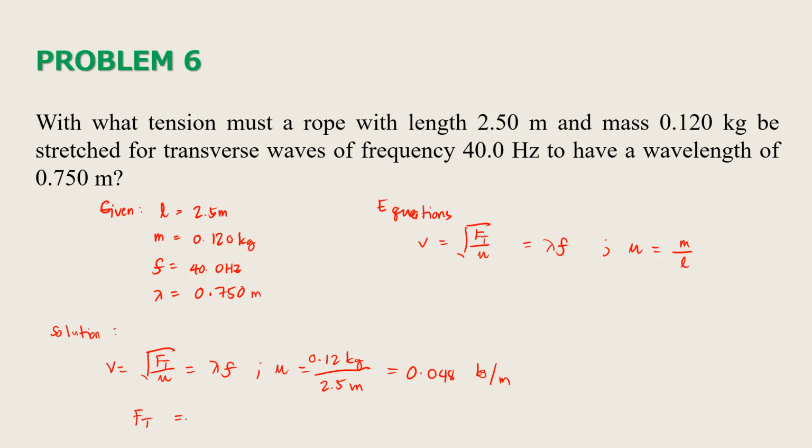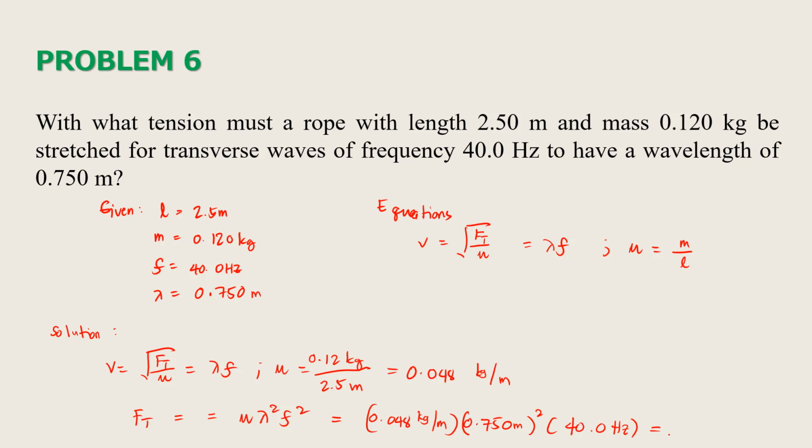Okay, so from these relationships, we can get F sub t. So we have F sub t is equal to mu times lambda squared f squared. Substituting all the values, we have 0.048 kilogram per meter multiplied by the given wavelength, which is 0.75 meter, squared, and then the frequency, which is 40 hertz, squared.